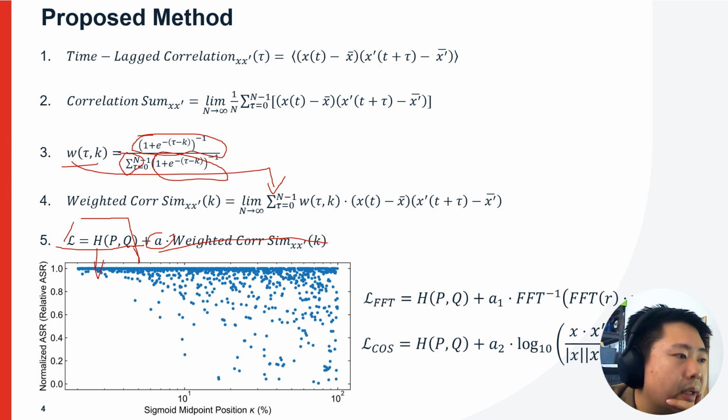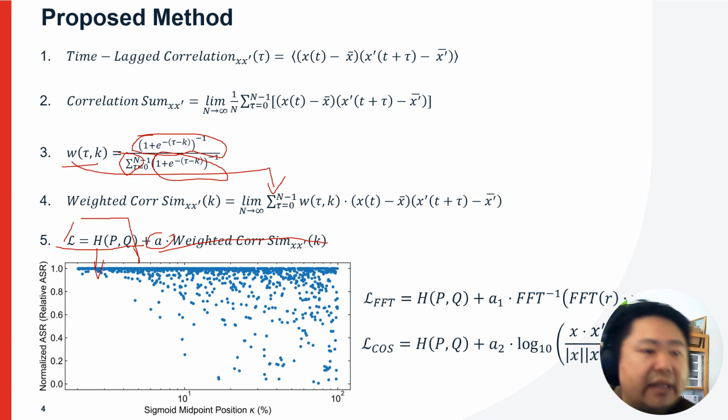The y-axis is the adversarial attack susceptibility, which means the attack success rate. So we can show that as k becomes bigger, the normalized ASR has more possibility to get smaller. The midpoint can influence the result and make the attack harder. Okay, so that is the idea from this.